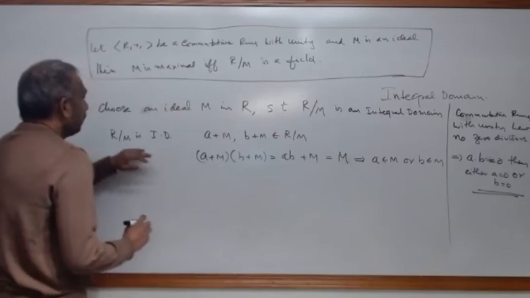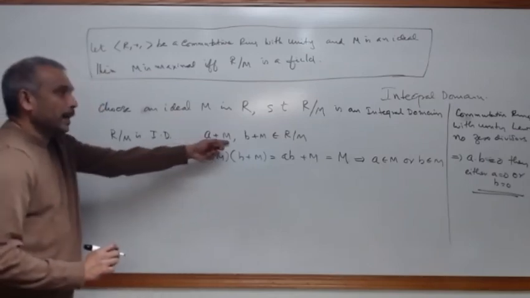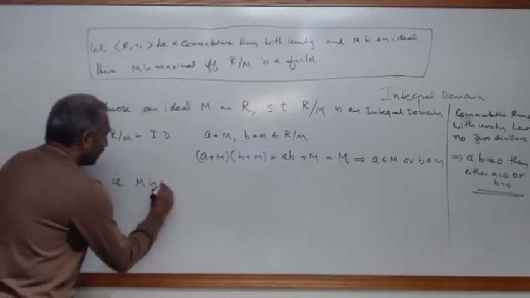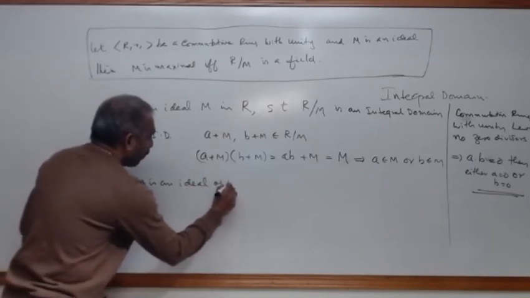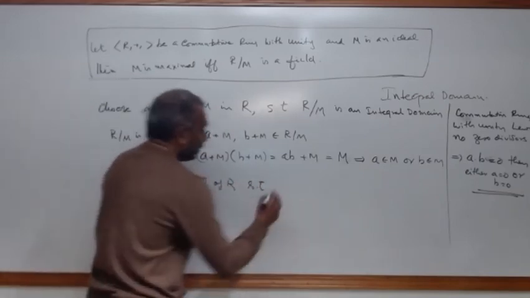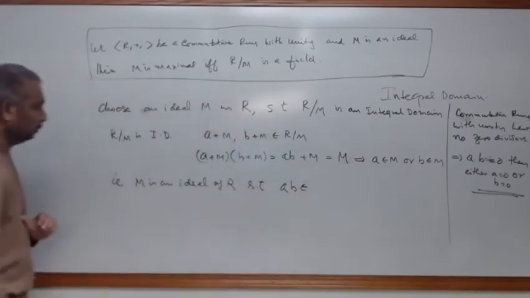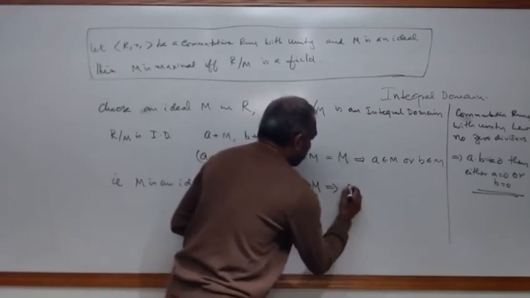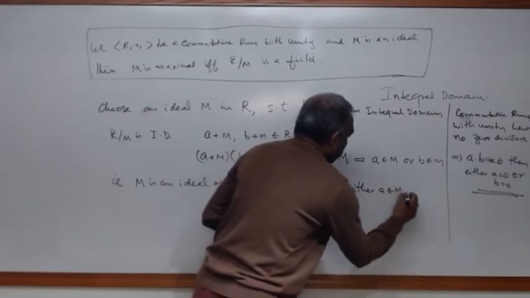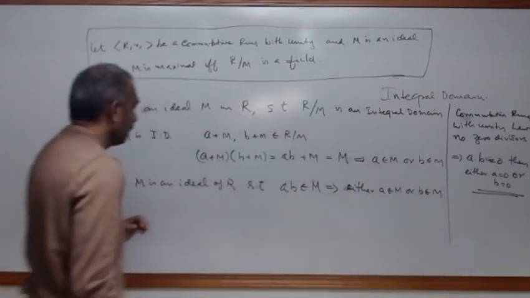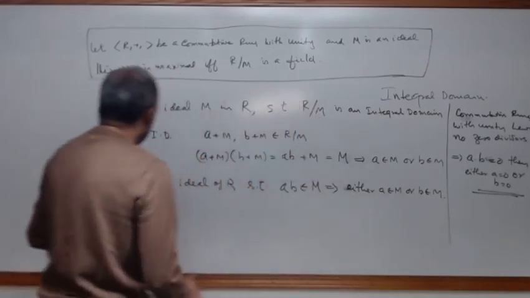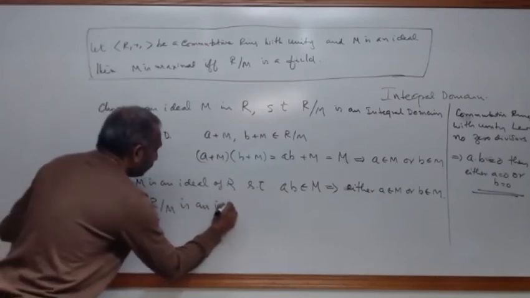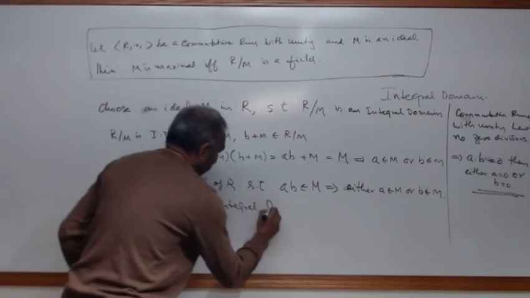So if you put this condition on the ideal, that is, M is an ideal of R such that AB belongs to M implies either A belongs to M or B belongs to M. If this condition is satisfied, then R by M is an integral domain.